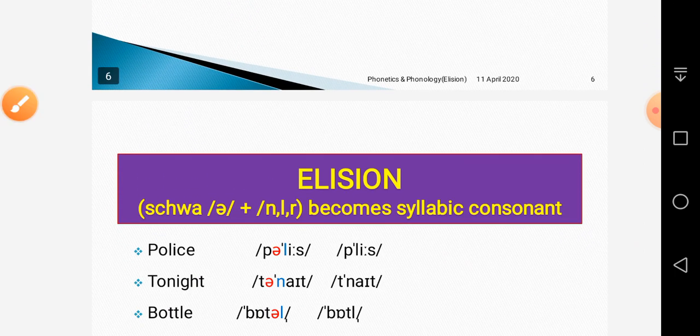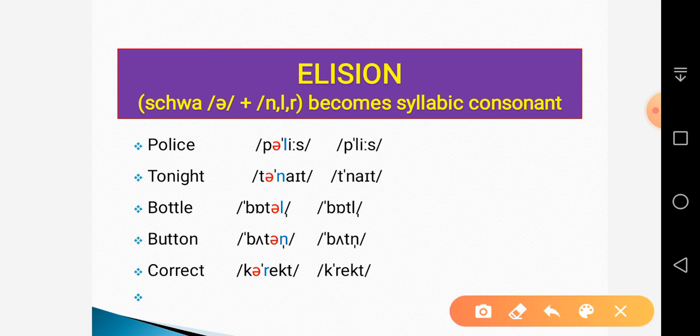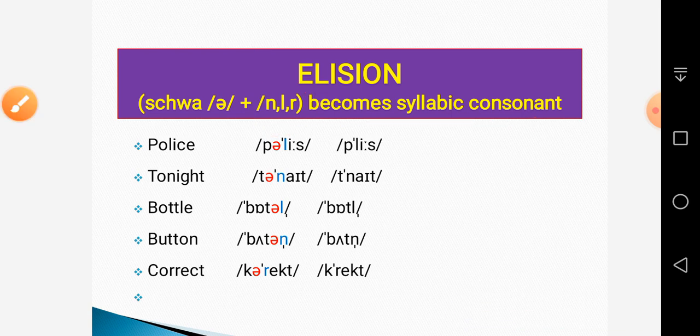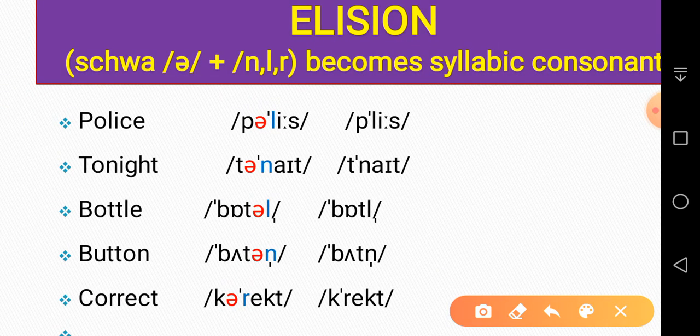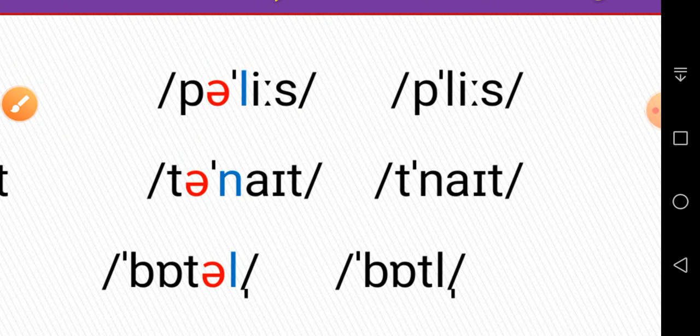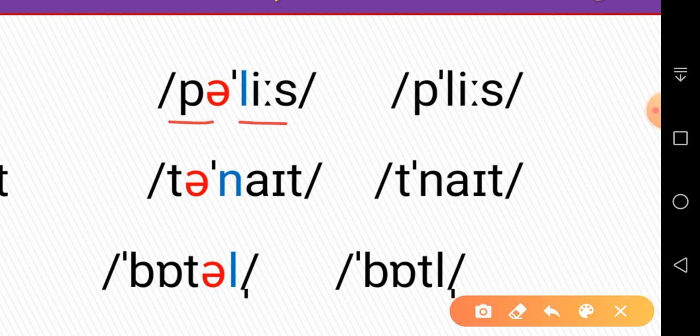Okay, let's see the next slide, elision. So schwa plus these three sounds, as you can see here, become a syllabic consonant. Now see the word, it is written as police, but we pronounce it p-lice.